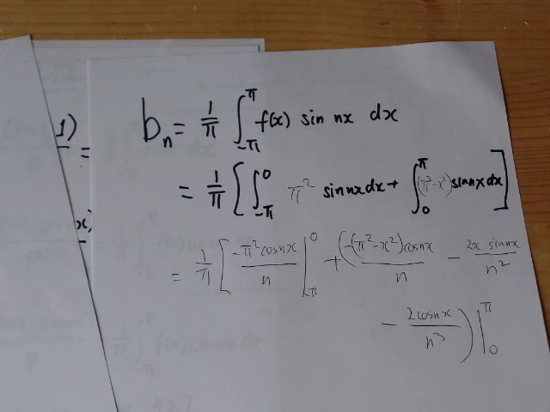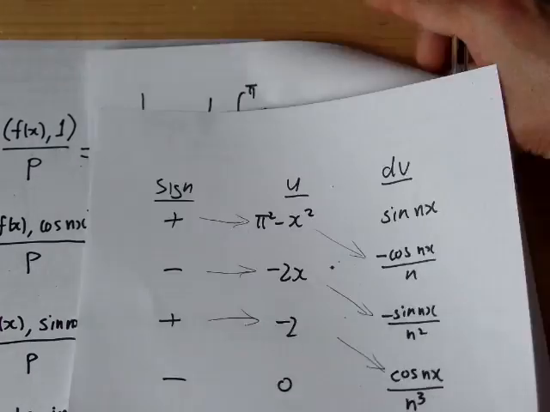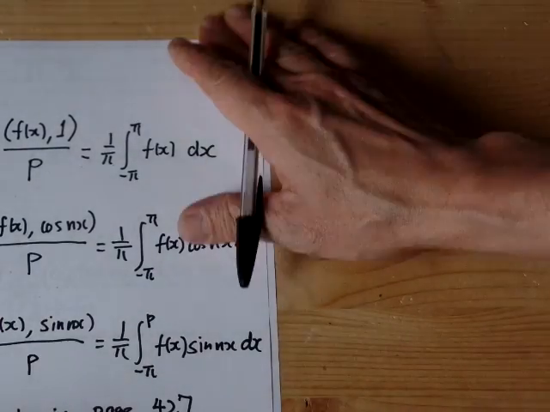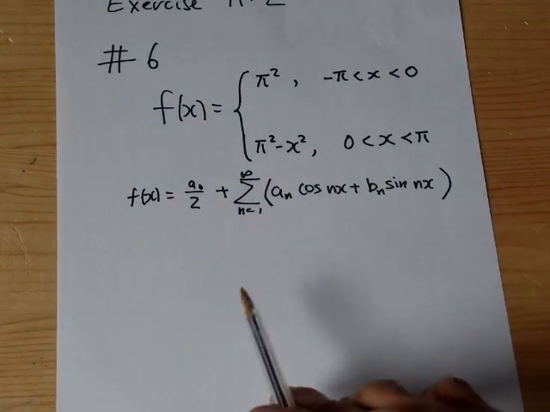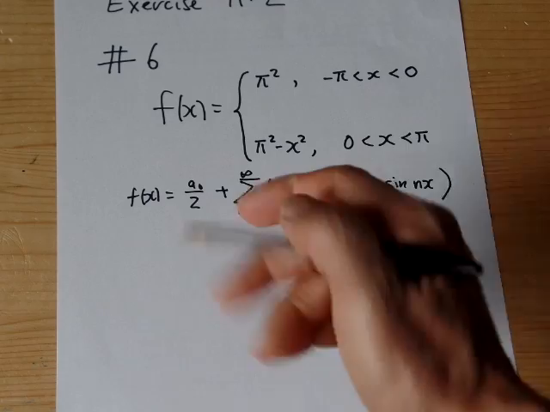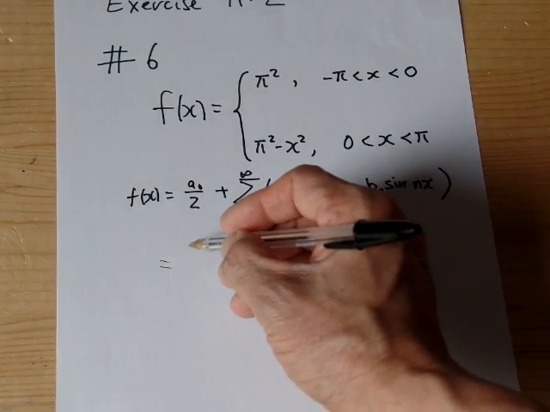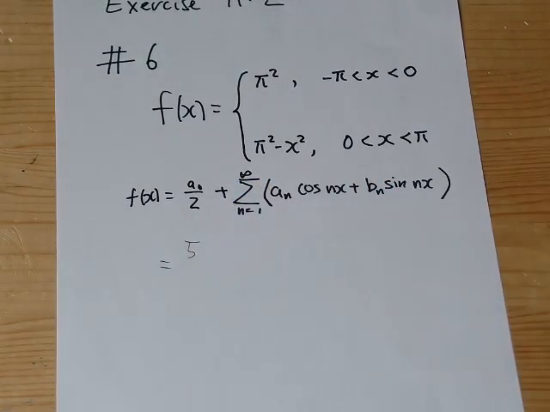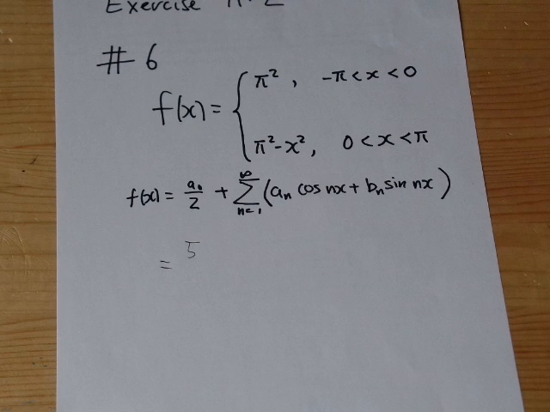And once you get all the answers, you're supposed to put them back in this formula over here. So put in your A naught, which I know is, sorry, not 5 pi over 3, but I got 5 pi squared over 3.